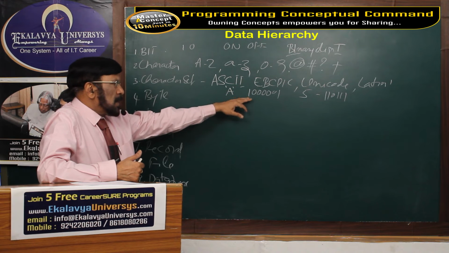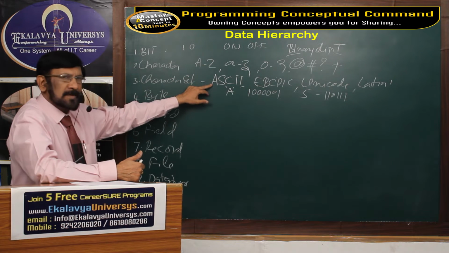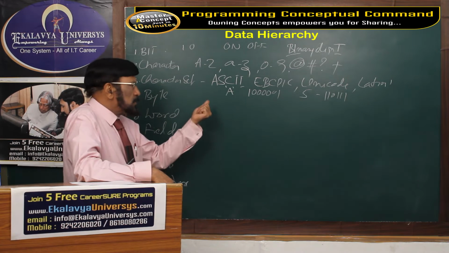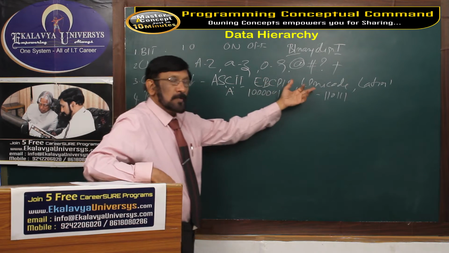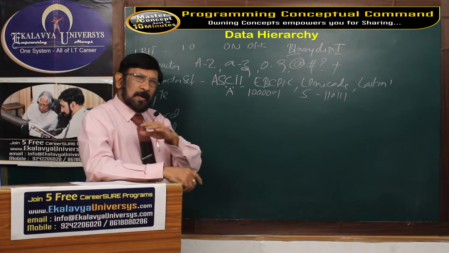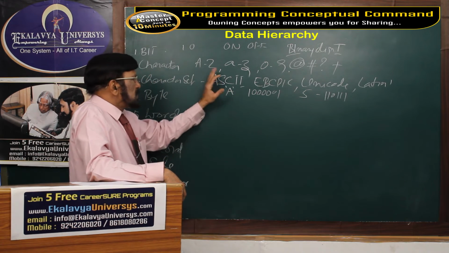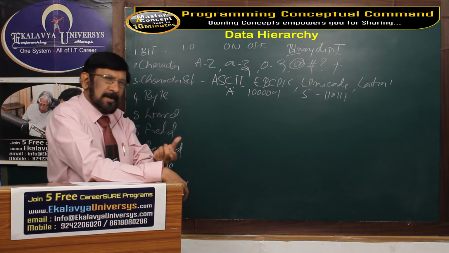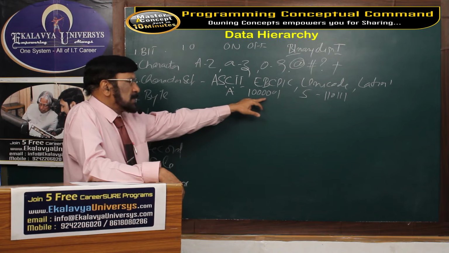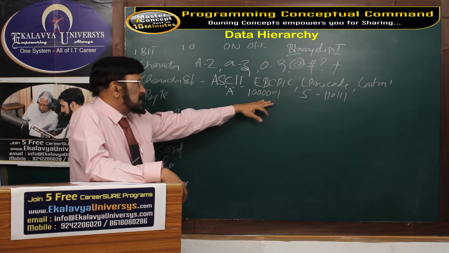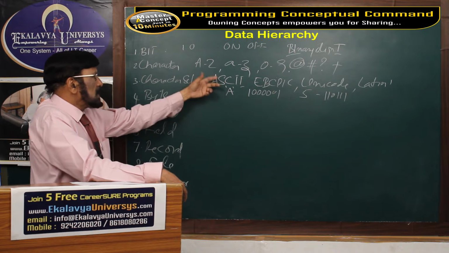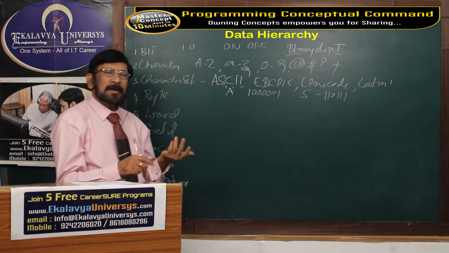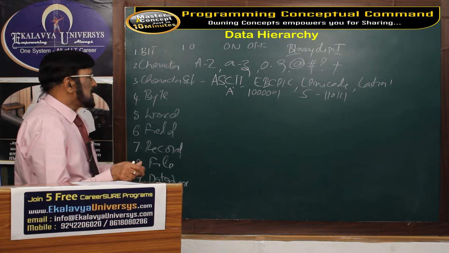ASCII is the primary one, but it represents only English and other European languages. Unicode represents all world languages. So character set: whatever character we use in our program, an equivalent binary form is created, with the corresponding coding scheme: ASCII, Unicode, EBCDIC, Latin one, etc.